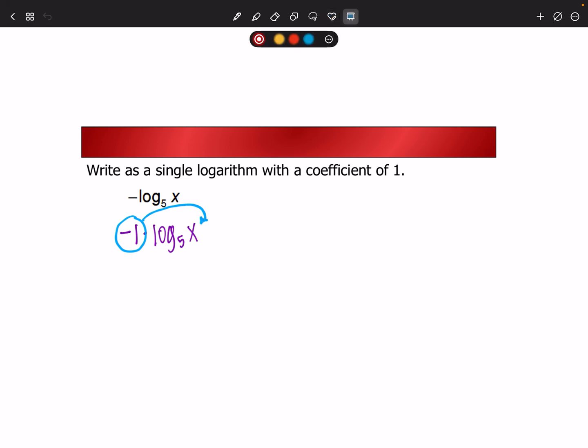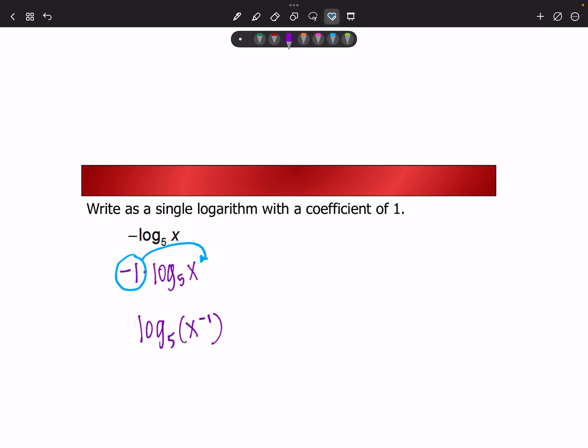If you have anything other than a positive 1 that you're multiplying your logarithm by, you're going to take that coefficient and move it to the exponent. And this is called the power rule of logarithms. So we'll have log base 5 of x to the -1.